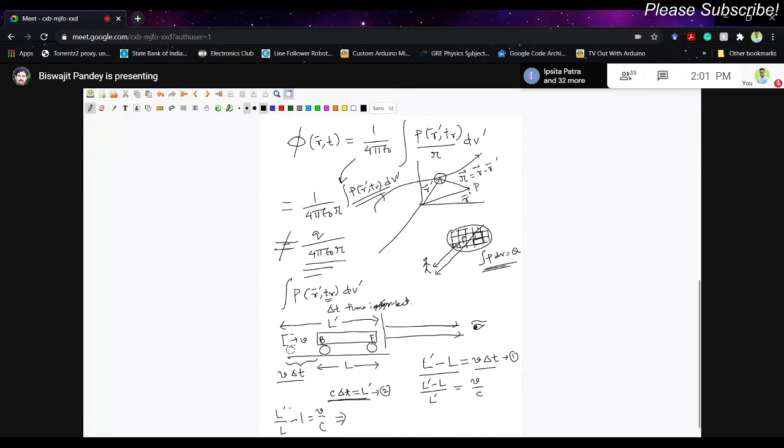So this will be inverted here: L prime by L prime gives 1 minus L by L prime equal to V by C. So from here what can we say? We can say, what is L prime? L prime is 1 over 1 minus V by C into L.